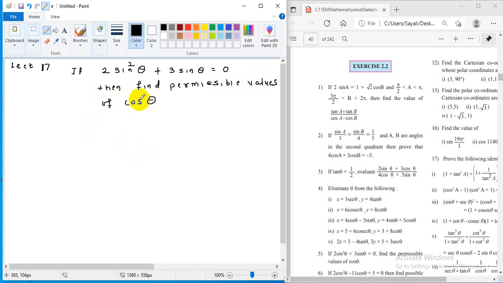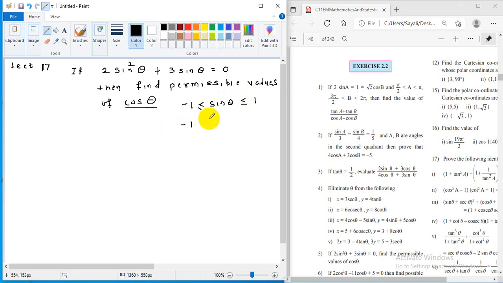Now you have to know that when you talk about sine and cos functions, we have to calculate permissible values of cos theta. The permissible values of cos theta or sine theta are between -1 and +1. -1 is less than or equal to sine theta, less than or equal to +1.